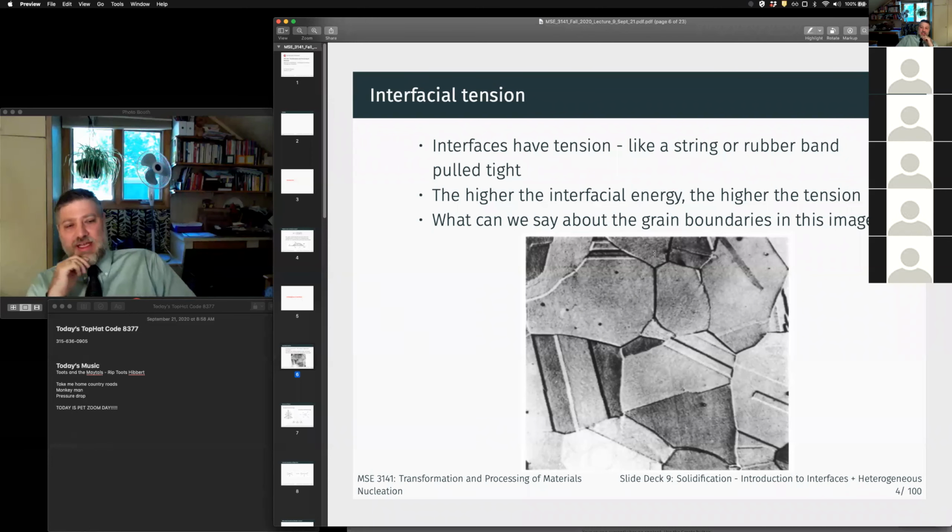And we can tell just by looking at these that these are general sort of high angle grain boundaries. There's nothing special about that, right? How can I say that these are sort of standard grain boundaries? Anyone have any sort of idea?